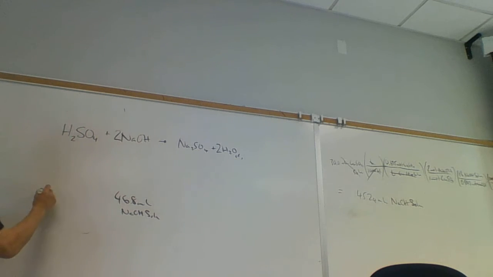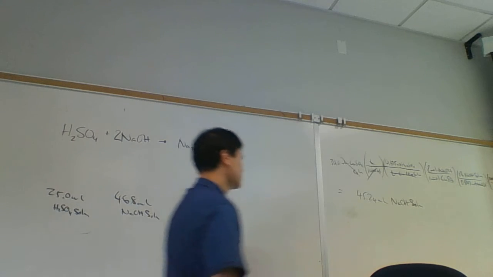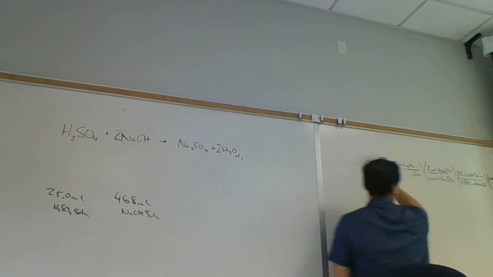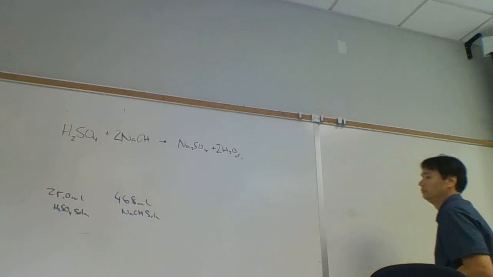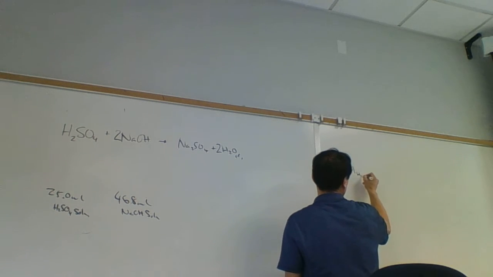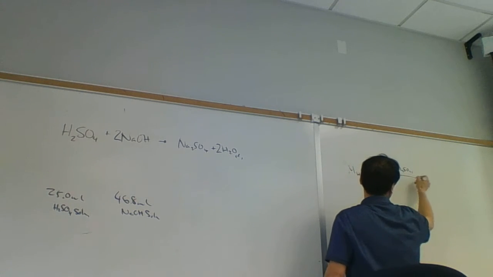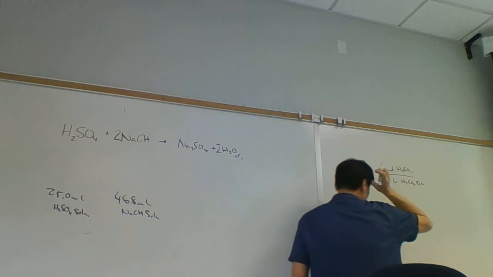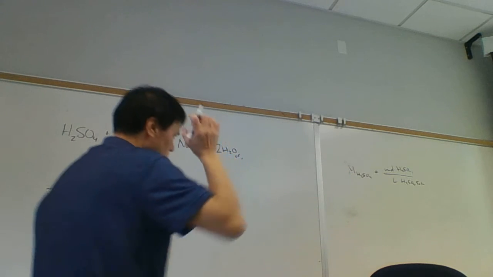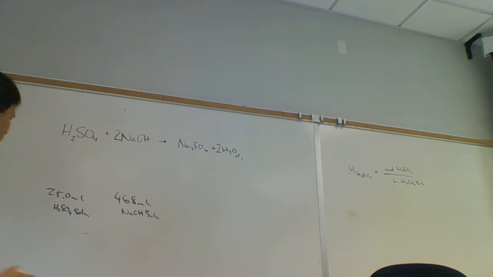We're also given 25.0 milliliters of sulfuric acid solution. And what do they want us to find? They want us to find the molarity of sulfuric acid. The molarity of the sulfuric acid is going to equal the moles of H2SO4 divided by the liters of H2SO4 solution. So we want the moles of pure H2SO4 divided by the liters of H2SO4 mixture. Well, that's this. The H2SO4 solution is here.